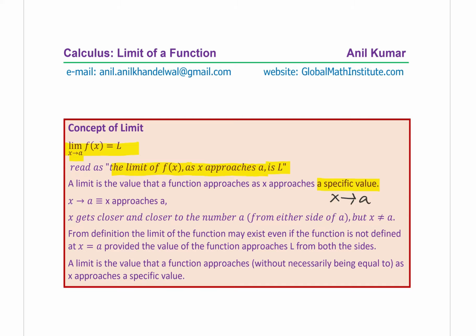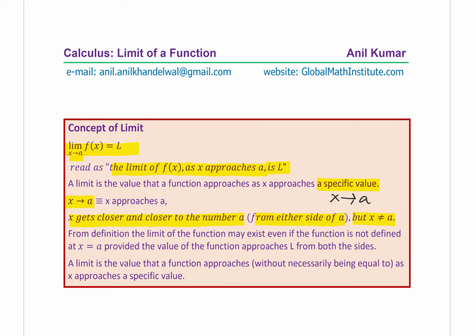Now, what does that mean? X approaching a means that we could be very, very close to a, but not quite there. You understand? So when I say x approaches a, that really means that x gets closer and closer to the number a from either side, from both the sides, right? You could approach the value of a from both the sides, but you're not at a. Do you understand? So that is the whole idea.